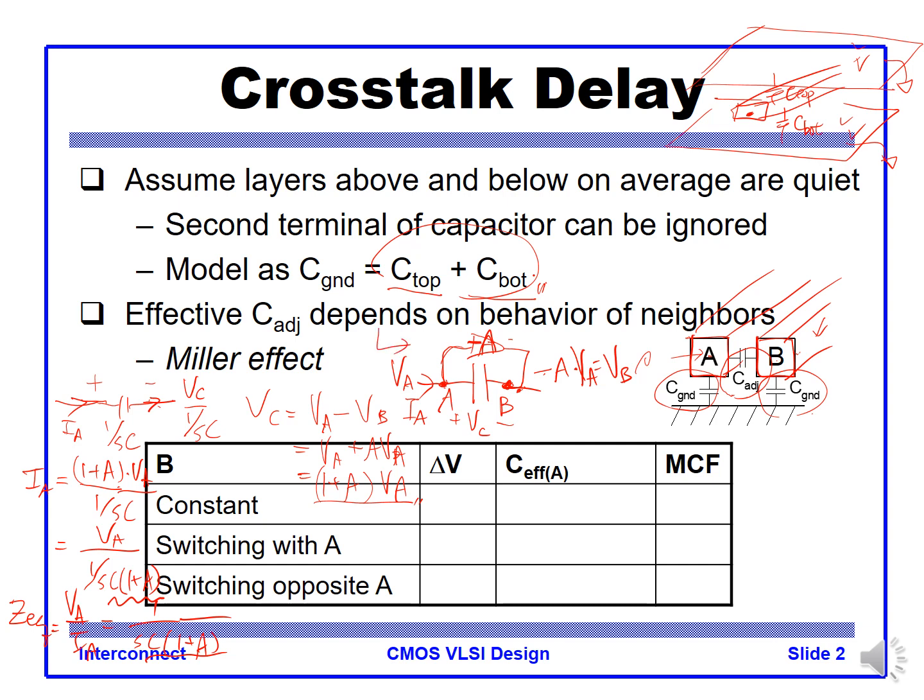When you find the equivalent impedance there, it looks like a node with a capacitance to ground, and C is multiplied by 1 plus A, right? This is something called the Miller effect, right?